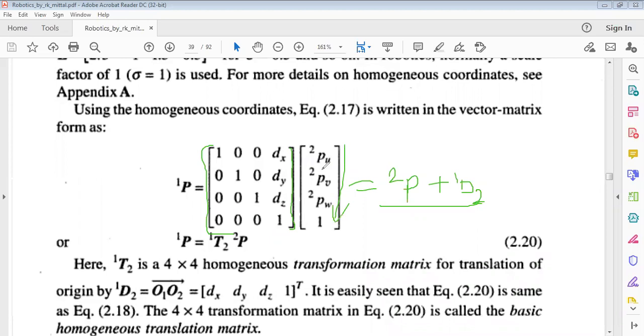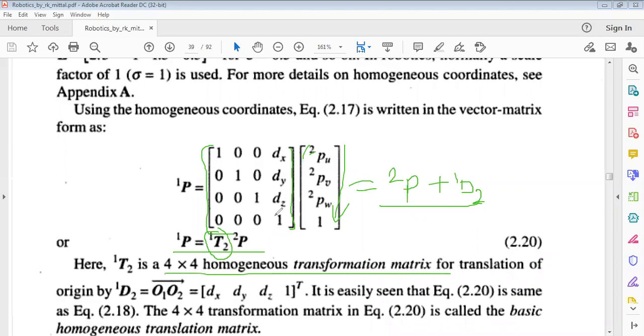This is the vector, the position of p with respect to frame 2. In short form, this matrix form is written as 1p equals 1t2 2p, where 1t2 is the basic transformation matrix. This 4x4 matrix is a homogeneous transformation matrix.